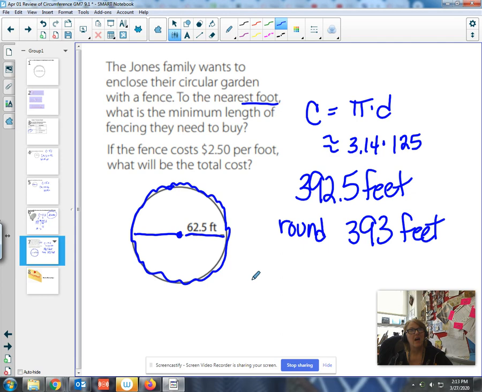Okay, now the fence is going to cost me $2.50 per foot. So now let's figure this out. 393 feet times $2.50. This is becoming kind of an expensive project, isn't it? 393 times $2.50. Go.